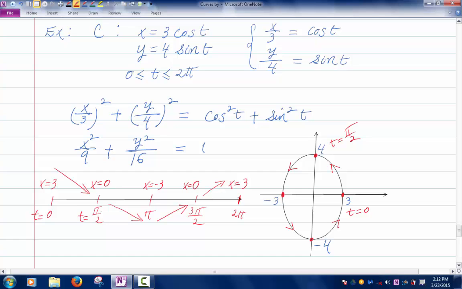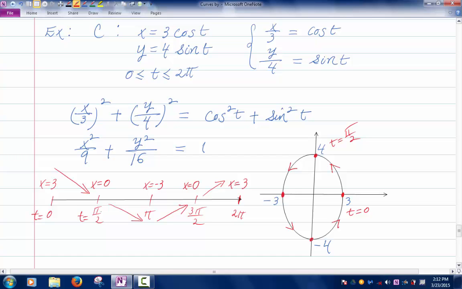What's the x value at 3 pi over 2? It would be 3 cosine 3 pi over 2. Cosine 3 pi over 2 is 0, so once again you get 0. And lastly, at 2 pi, cosine is again 1, so x would be 3. So what's the behavior of the function x?